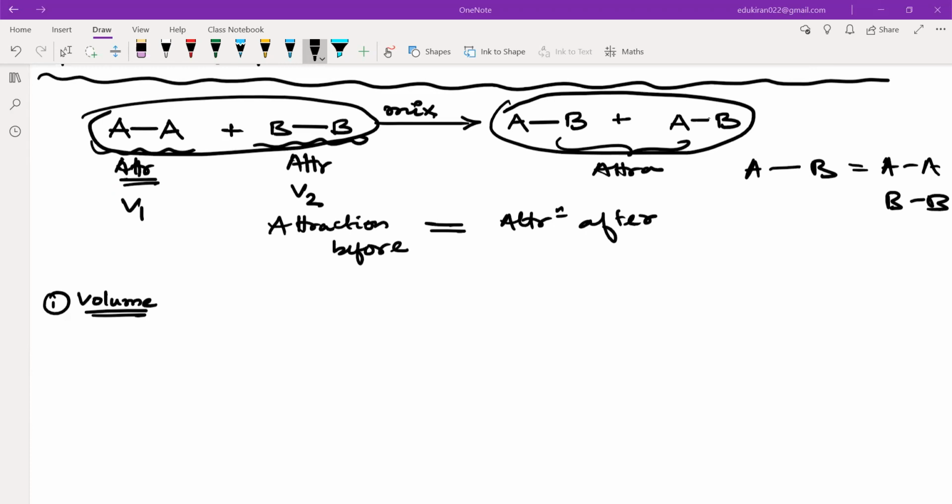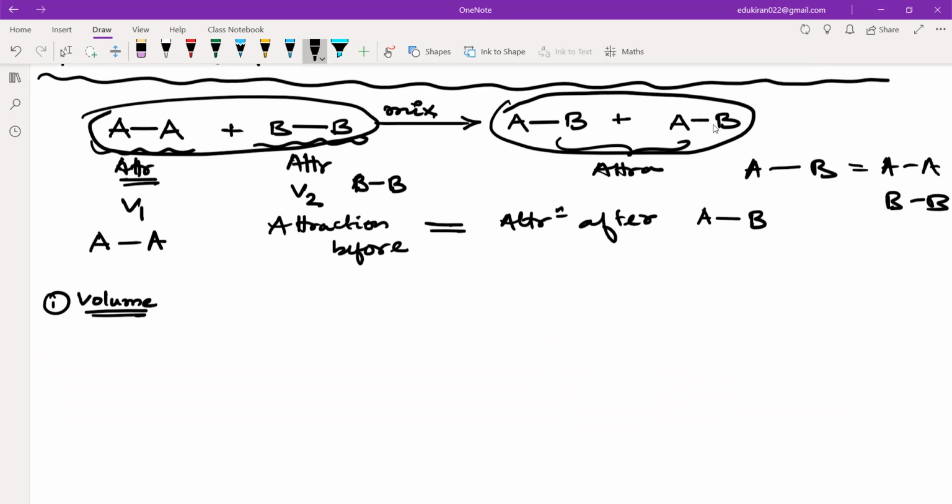Okay. If the attraction is equal, then the distance between the two molecules of A will be equal to the distance between the two molecules of BB, and it will also be equal to the distance between the two molecules of A and B in the solution.